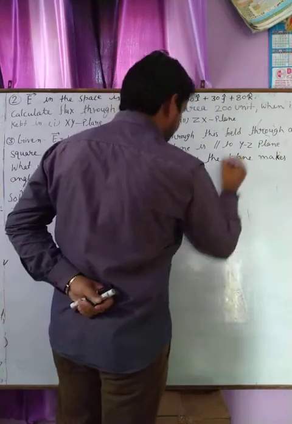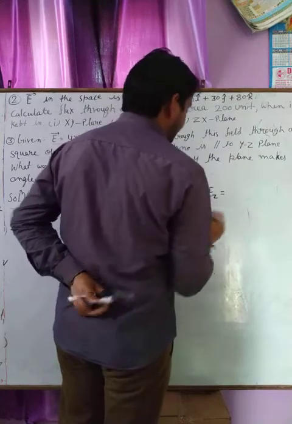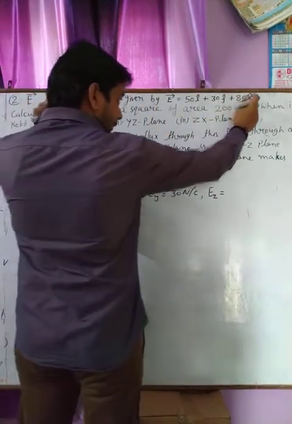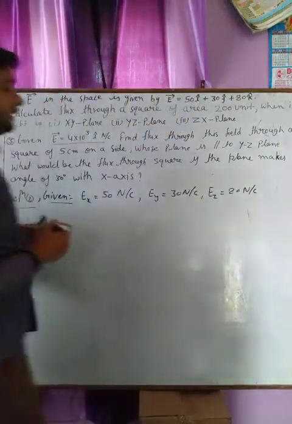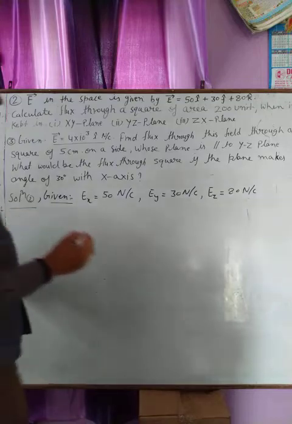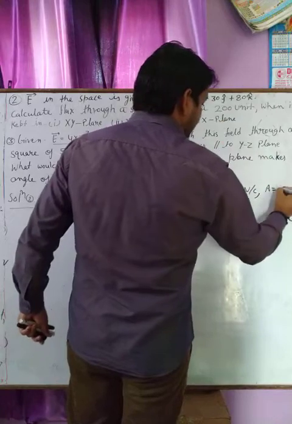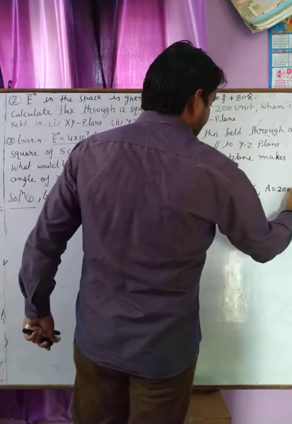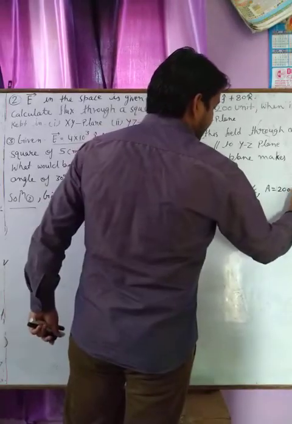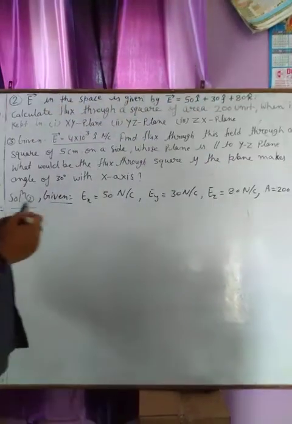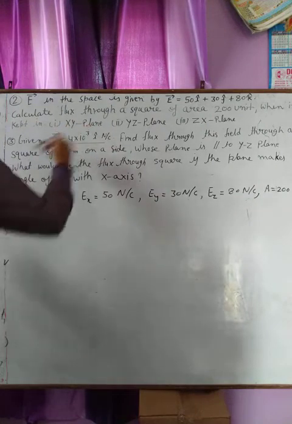Similarly, the electric field in the direction of Z is 80 Newton per Coulomb. Is it clear student? And we have the area, that is 200 unit. It is in the SI system, so the unit is also in the SI system, meter square. Okay, now we need to calculate this.